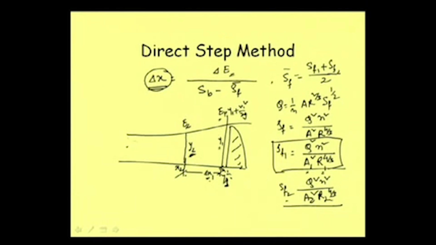If we want to plot the profile, now we can plot up to this point. But then again we can calculate the next depth, suppose y3. That also we will first consider from our side, and we will try to calculate delta x2.